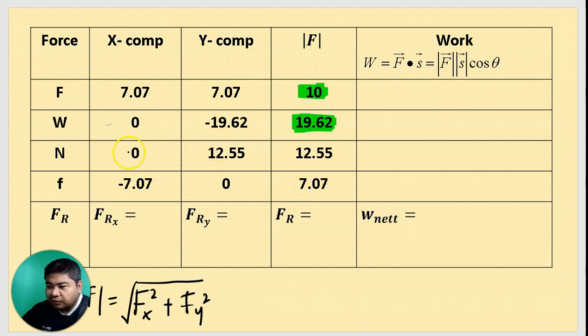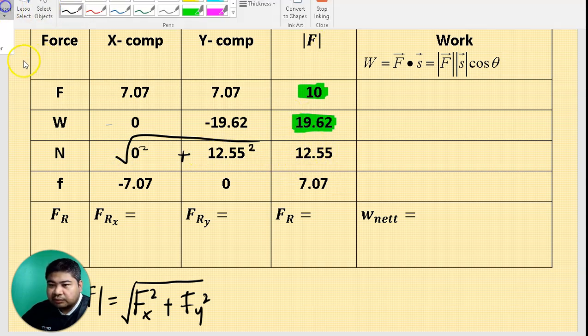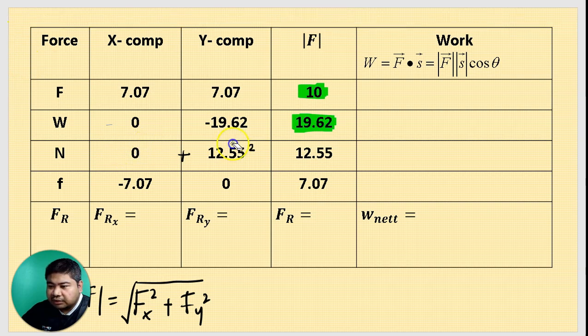So for the calculation of the magnitude of N, you square 0 squared plus 12.55 squared, and then square root, you are going to get back 12.55. Alright, so I'm going to erase that. Okay, so that's how we calculate the magnitude of the force there.